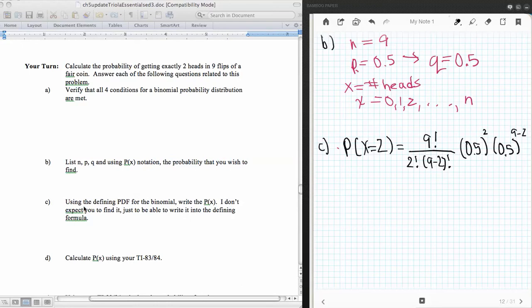This is the defining formula, and I want you to be able to write out what the probability of x being equal to 2 is going to be.